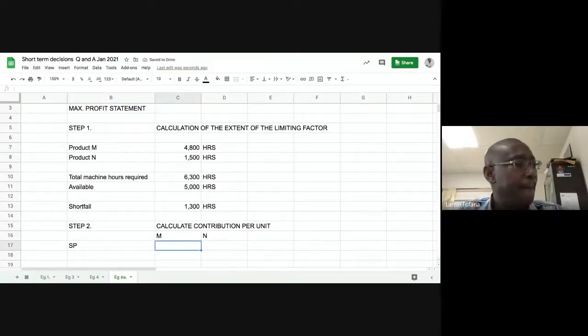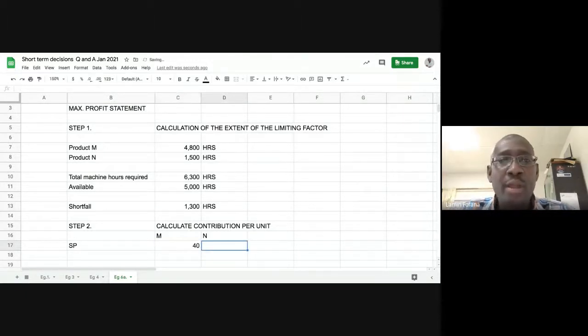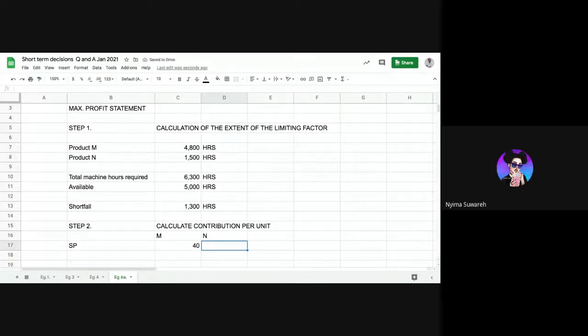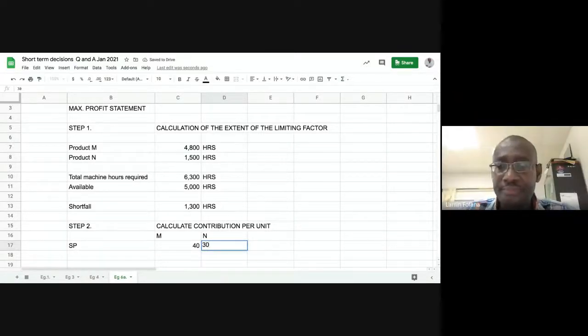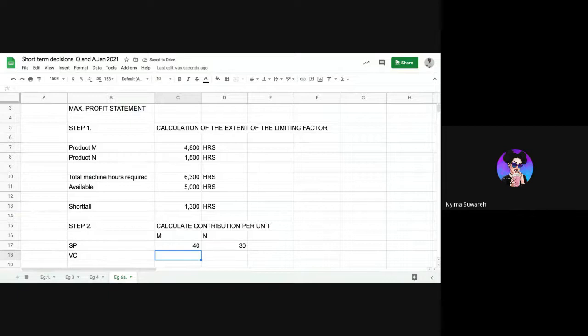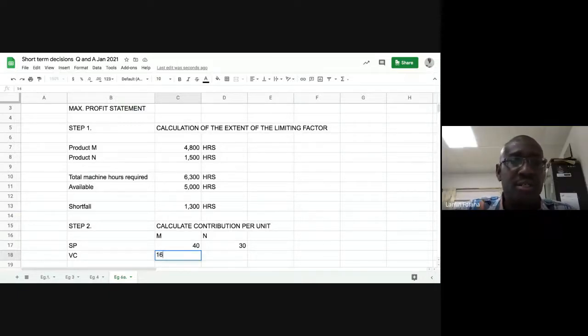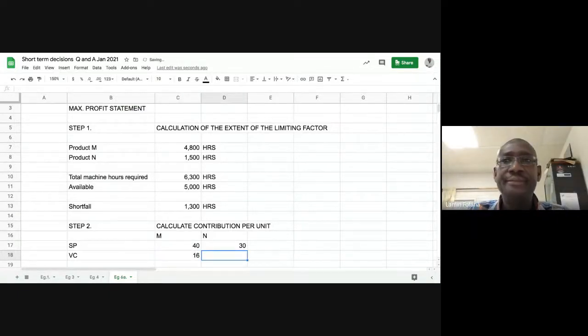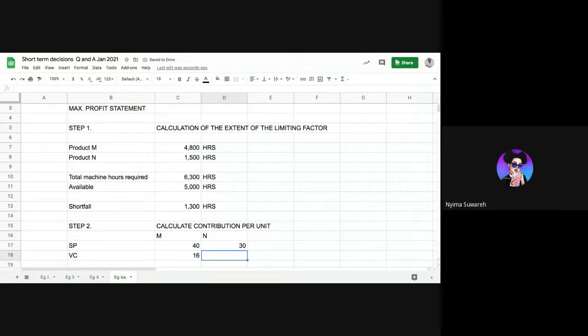Product P? 40. For N? 30. Okay. What's our variable cost per unit? VC. For P? 16. These are all in the question. For N 15.